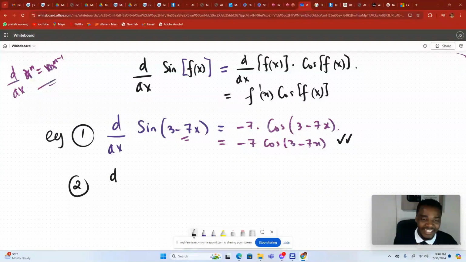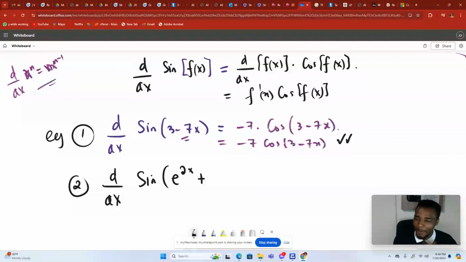Okay, in this case, let's take a closer look at the derivative of sine of e to the power of 2x plus 2 root x. Okay, how are we going to differentiate this function?